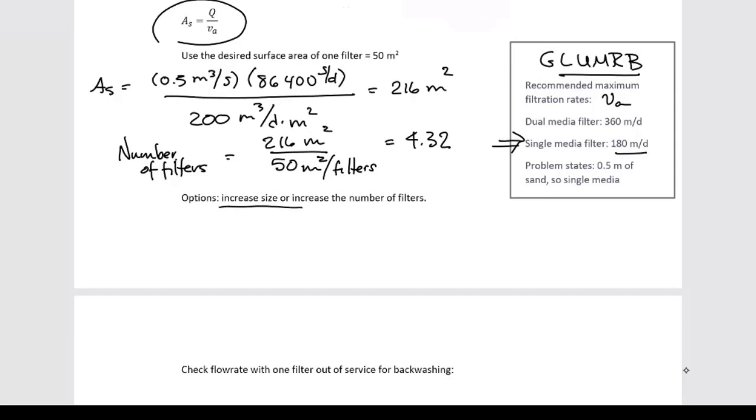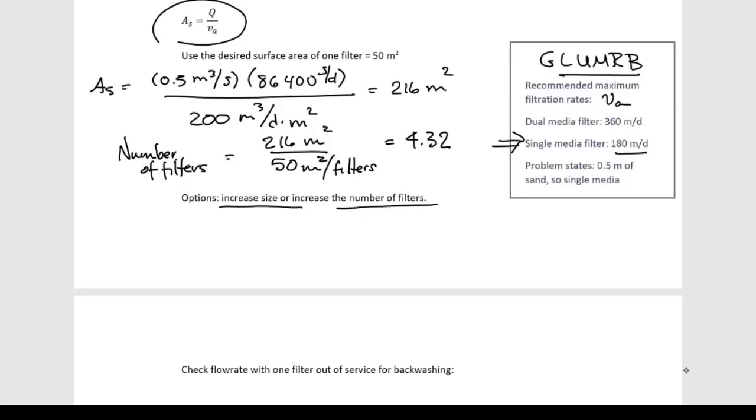I can increase the size, or I can increase the number. Increasing the number of filters means that you're increasing the complexity of your plumbing system. So we've got to round up or round down.